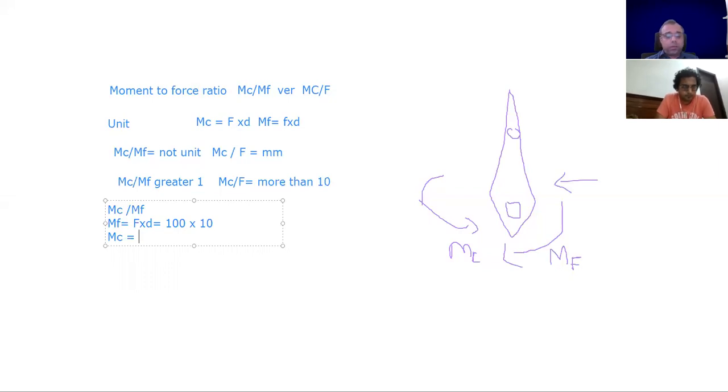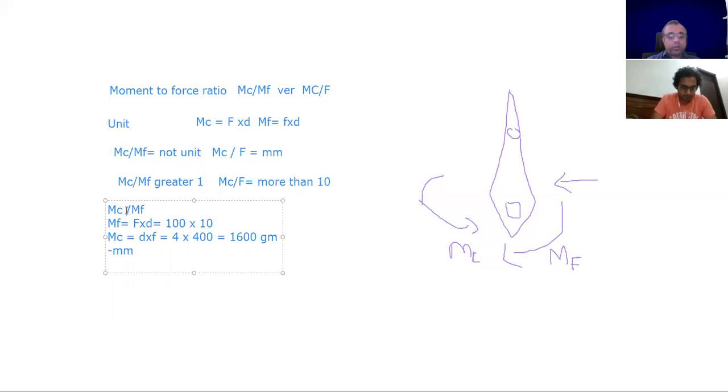So it's D multiplied by F. As we said, we keep the D, that is the mesiodistal width of the bracket, fixed. Then keeping a force of greater than 250 gram per millimeter, like what we applied, 400 gram of force, it will create 1600 gram millimeter.